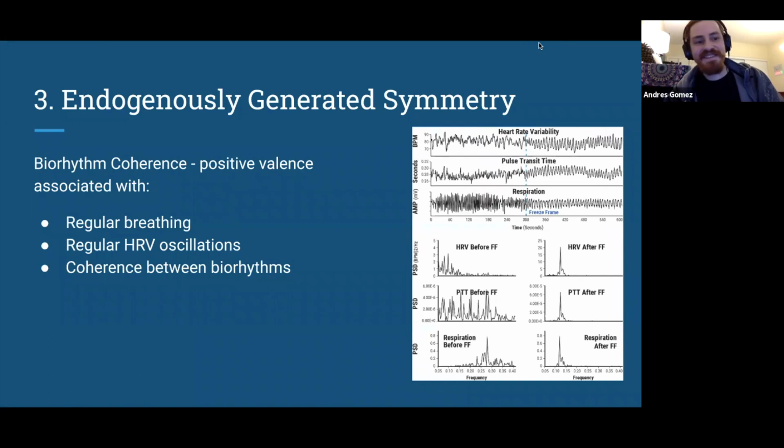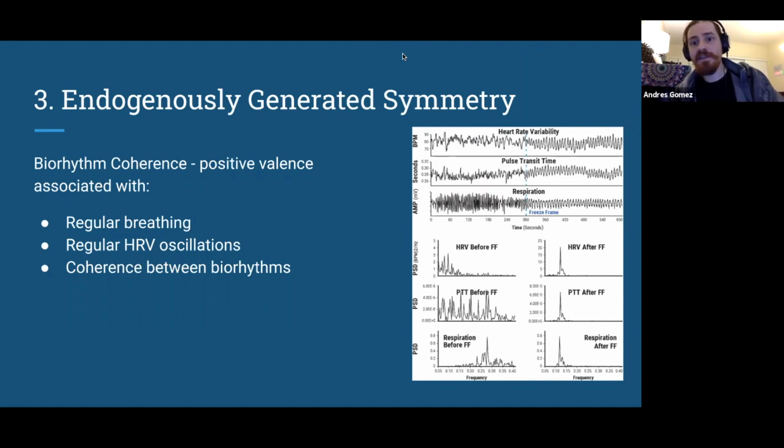Now, endogenously generated symmetry. This is fascinating research: when you have biorhythm coherence, and there's a way of computing biorhythm coherence very related to musical consonance, an association between regular breathing and heart rate variability is reported as giving much better positive mood, and it's one of the things that long-term meditation achieves.